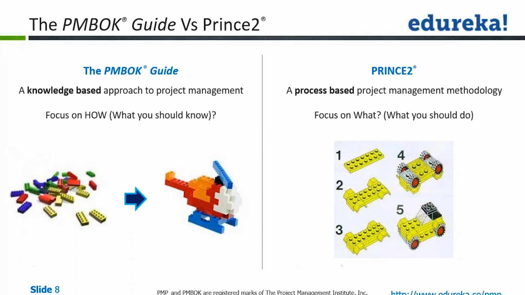The PMBOK guide gives you the standards, the collection of best practices, the generally accepted guidelines across the globe. And Prince2 is going to give you a checklist, an integrated set of processes which you need to follow, and it will provide you the reference from time to time on what might be useful at this stage.